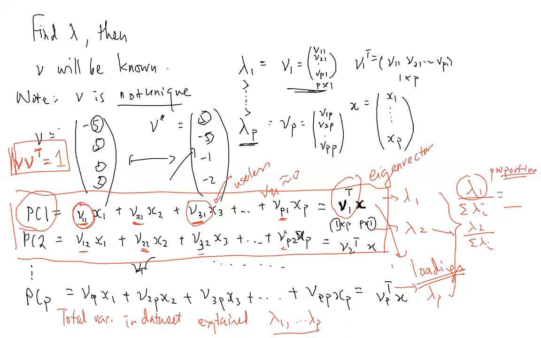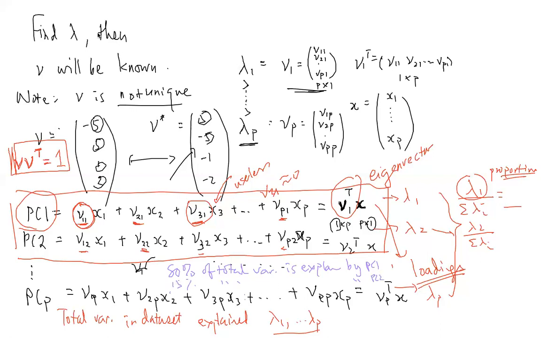That's why in principal component analysis, we usually come across statements like: 80% of total variation is explained by PC1, and then 15% is explained by PC2, and so on.